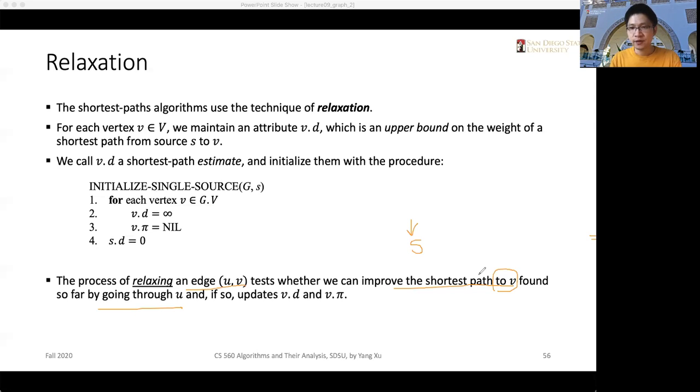the estimate for this shortest path is stored in V dot D, right? Which is initially infinity.